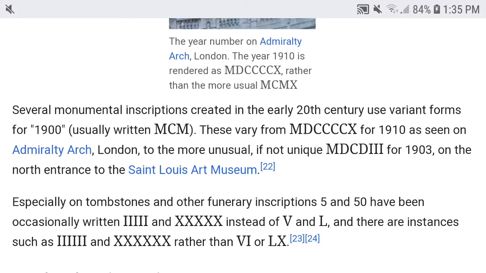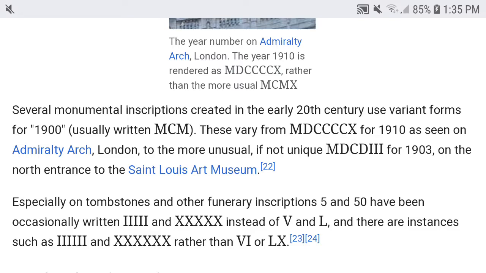M and then DC is 500, and then CD3, right? Okay, so wait, what about 9? It will be MCM for 1900.